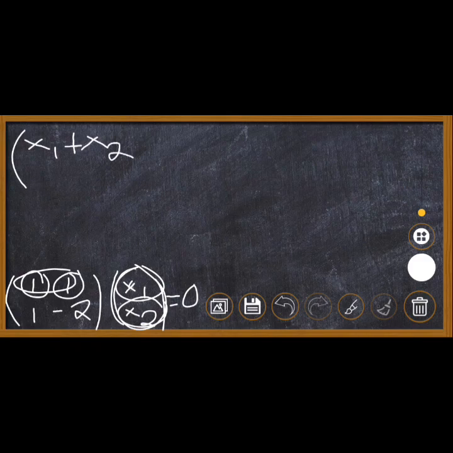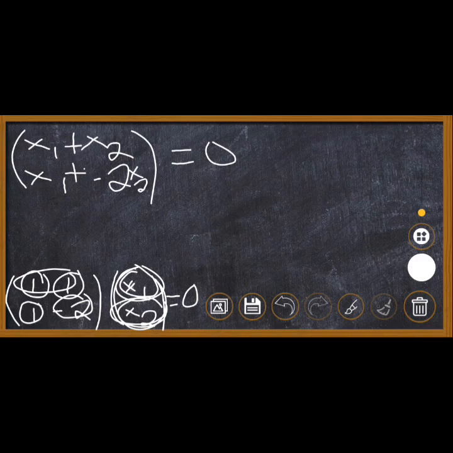All these equal to 0. Then what is 1 multiplied by x1? It's just x1. Then we add negative 2 multiplied by x2, which is negative 2x2.